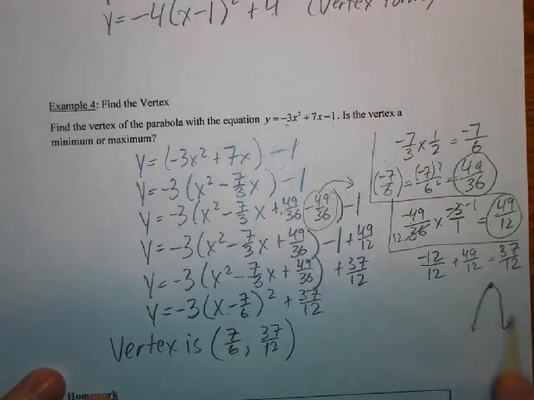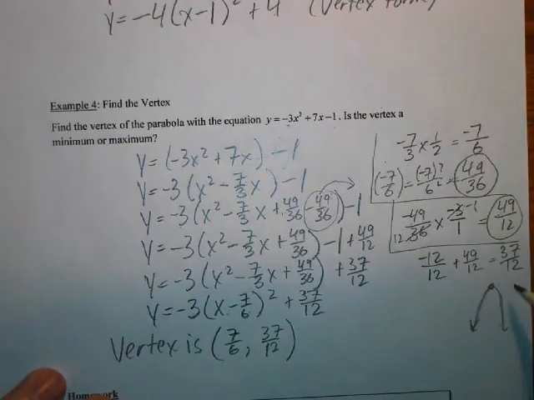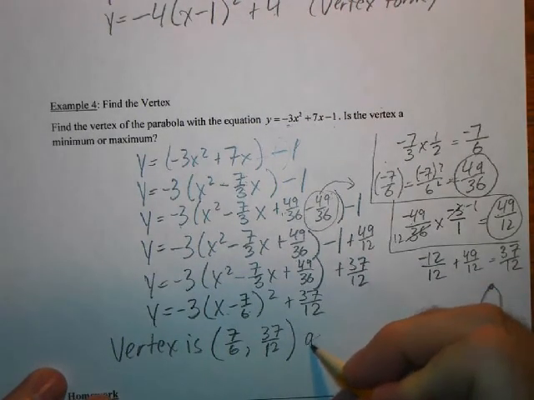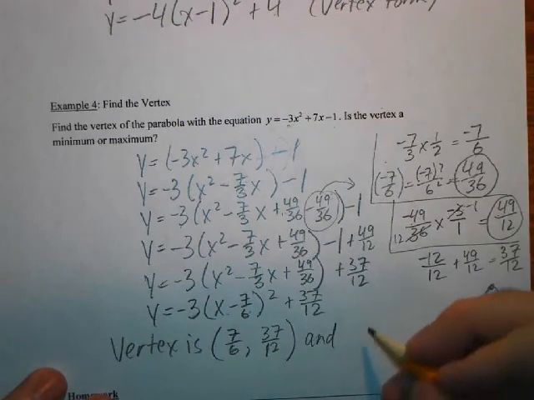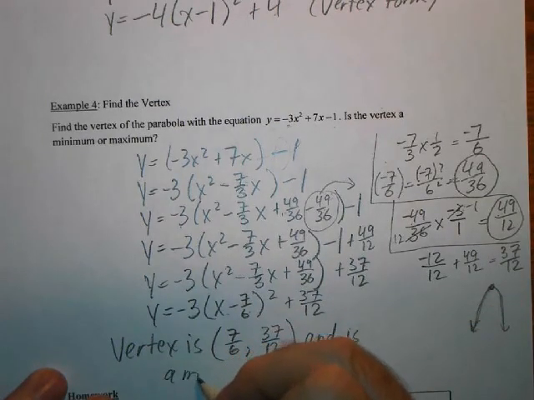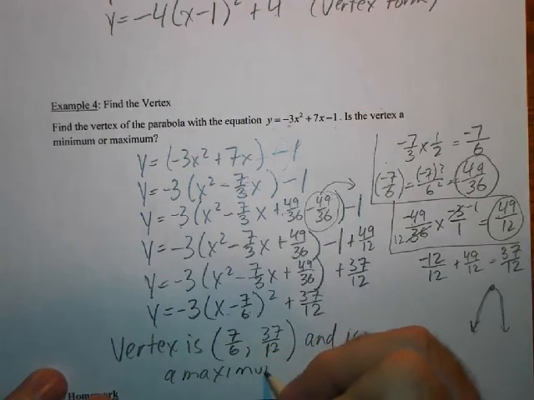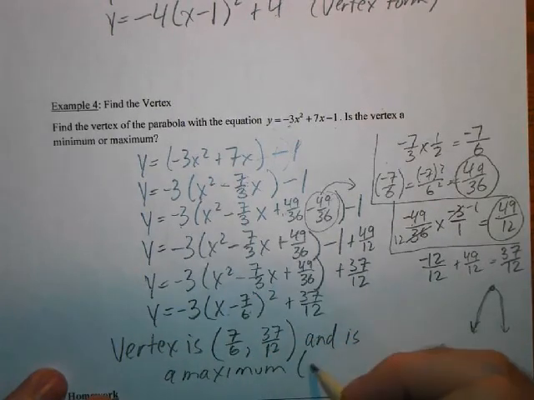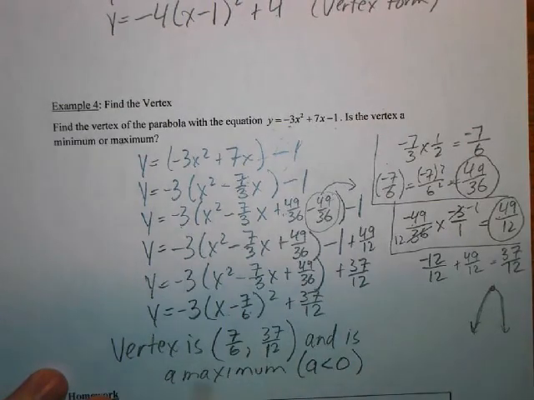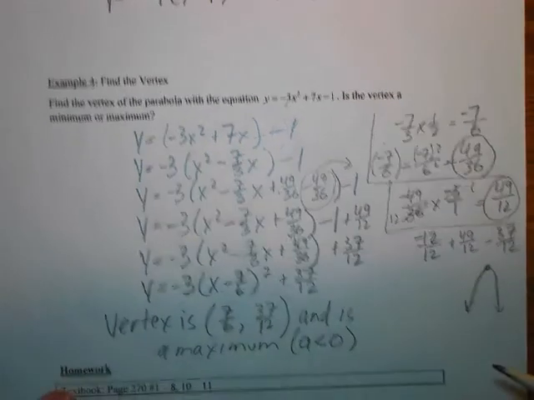So your vertex is actually a maximum. So I'll just tack that on here. The vertex is that and is a maximum. And I'll just put the reason is because a is negative, a is less than 0. If a had been positive, it would open up and the vertex would have been a minimum.